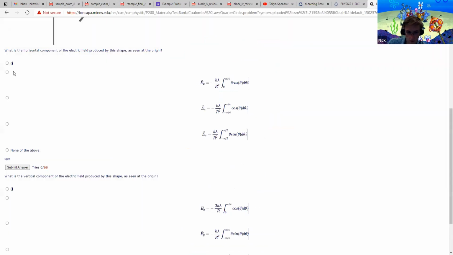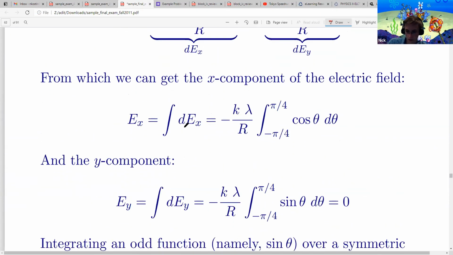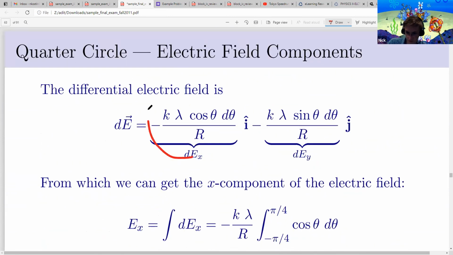It's asking for the horizontal component first, so I am going to look at the x component, and I need to integrate it. This is my x component of my differential electric field. Notice the thing I'm integrating with respect to is theta. I have a d theta here.